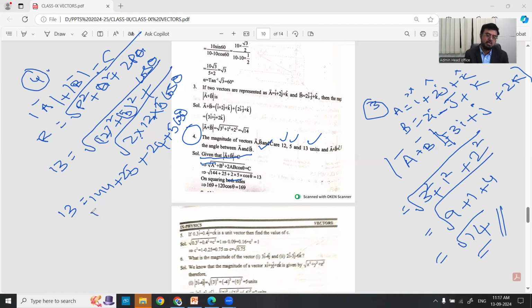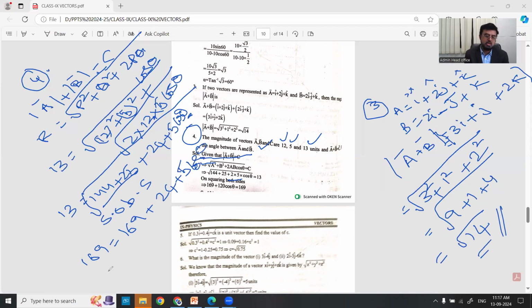Anyway, under the root, you want to get theta. So what you have to do is square on both sides to remove the square root. So it becomes 13 square, 169, equal to 144 plus 25, that is 169, plus 24 plus 5 cos theta.